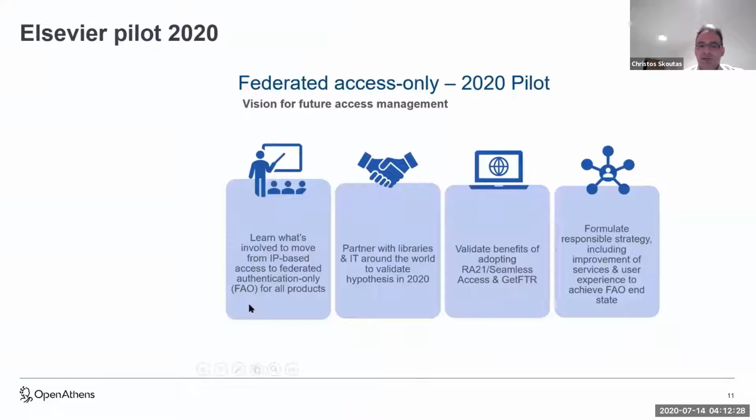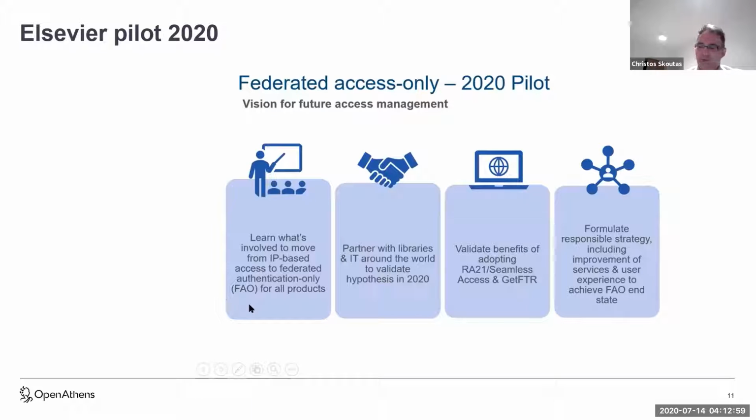Now, it's worth mentioning here that Elsevier has started a pilot project this year to investigate what it would take to move off IP access and move to federated authentication only for all the resources. What I'm showing you here are the stages of this project. If you need more information, just let me know and I will send you the link to Elsevier's presentation.